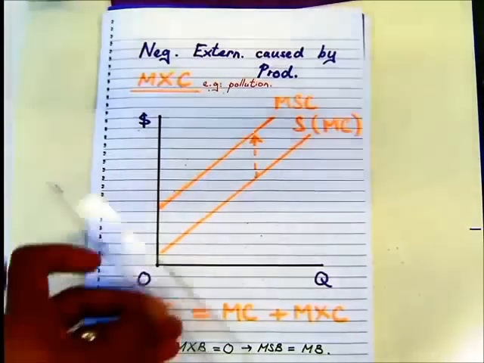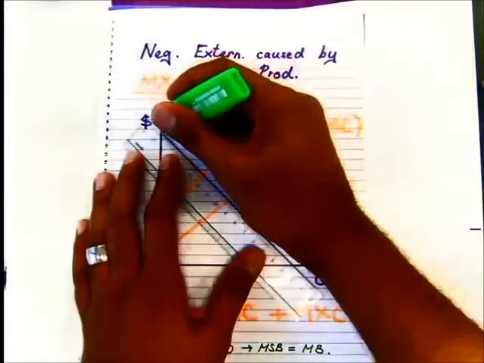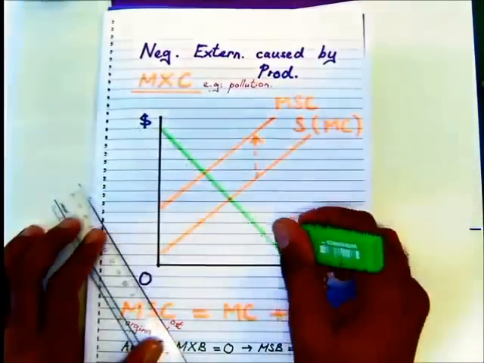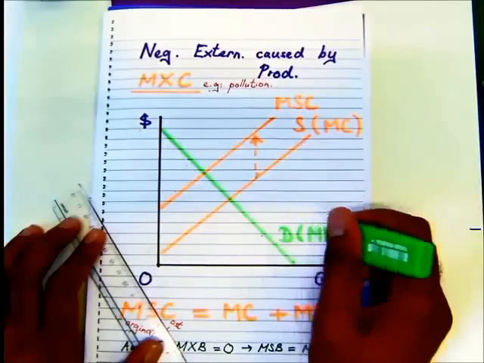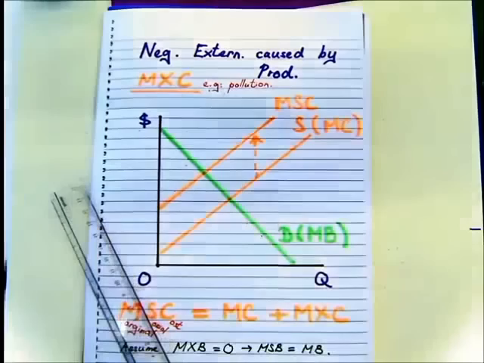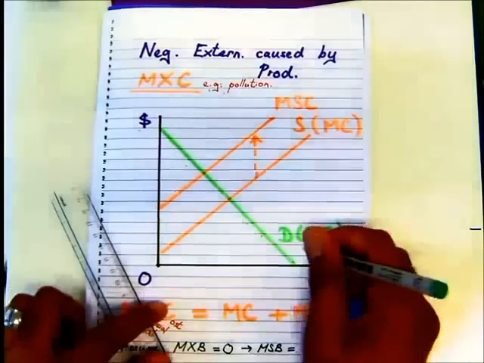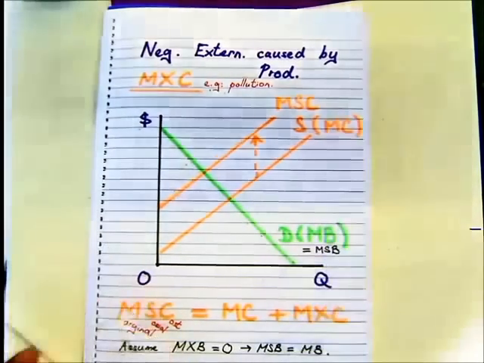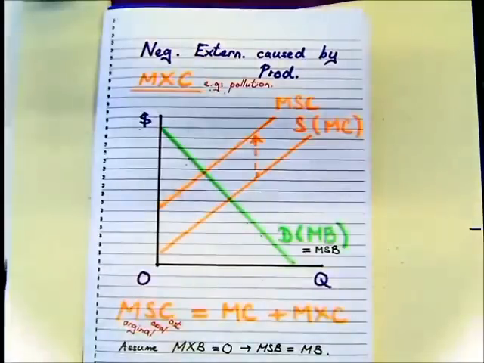So I'm not going to do anything to the demand curve. I'll just leave it as it is. Demand is marginal benefit, which we are now making equal to marginal social benefit, because we're not looking at external benefits in this example. We'll look at that in a separate example.